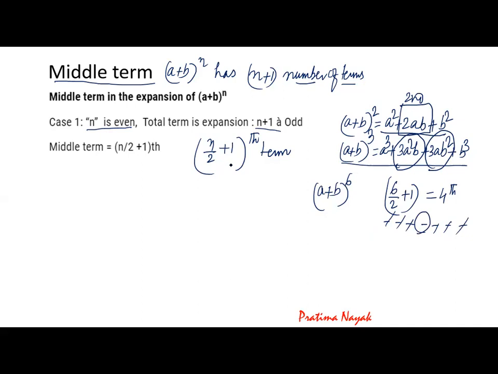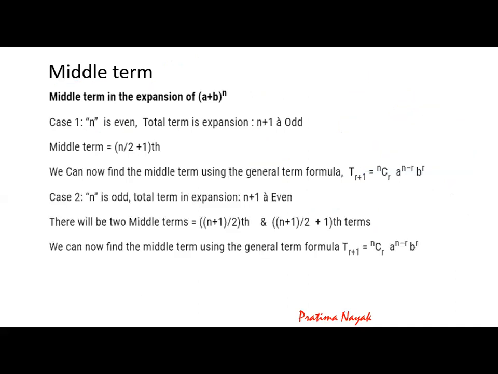So you can note down the formula for the middle term when n is even. This is the formula for the middle term: T of r plus 1 equals nCr A to the power n minus r B to the power r.